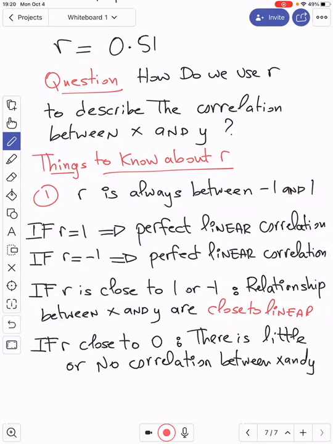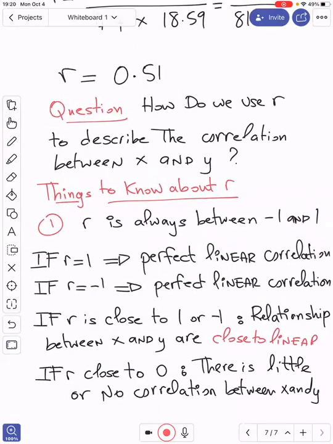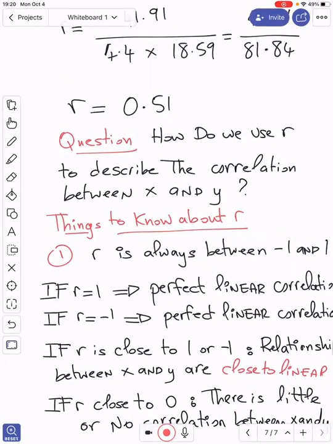So in our example, guys, our R is 0.51. It's not really close to 1, and it's not really close to 0. It's in the middle between 0 and 1. So in this case, we have a moderate correlation between X and Y. It's not a strong correlation, and it's not a low correlation.